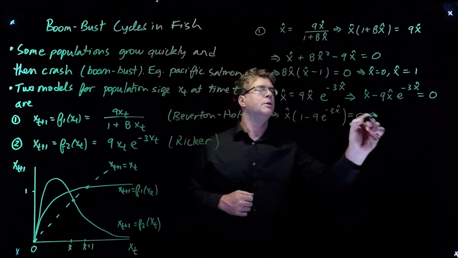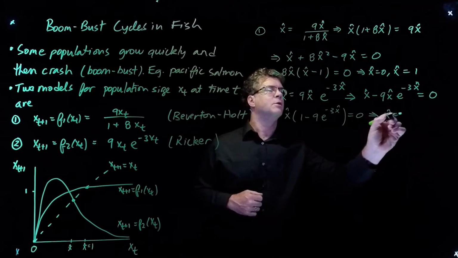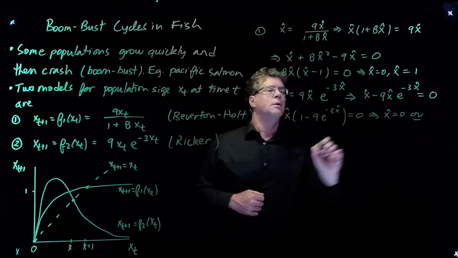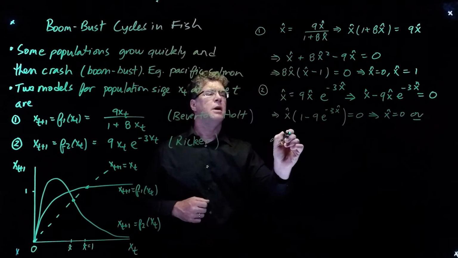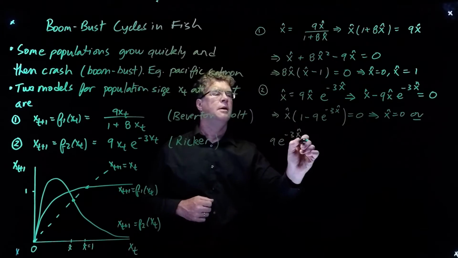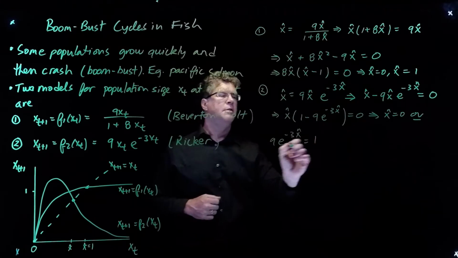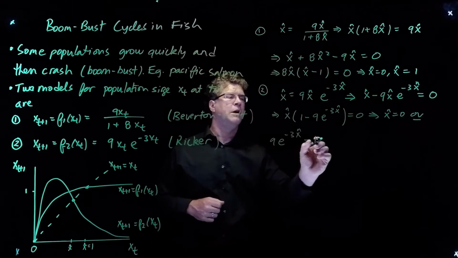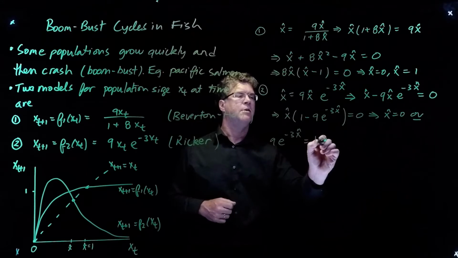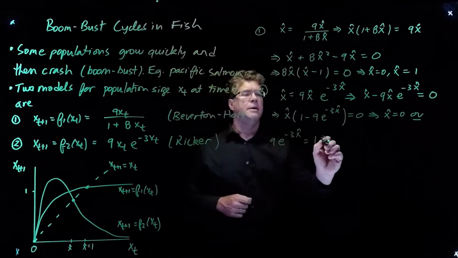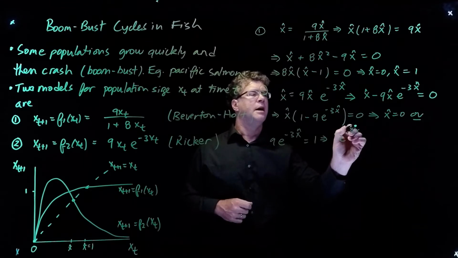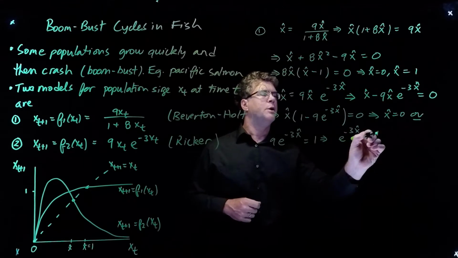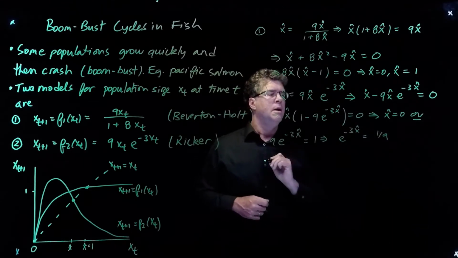So either x hat equals 0 or 9e to the minus 3x hat equals 1. Let's focus on this second possibility. That gives us e to the minus 3x hat equals 1 over 9.